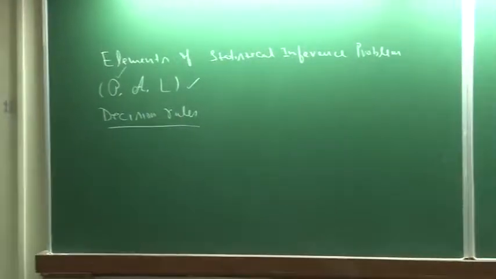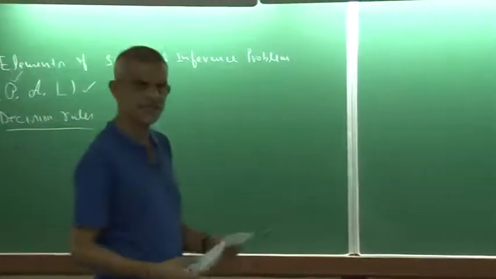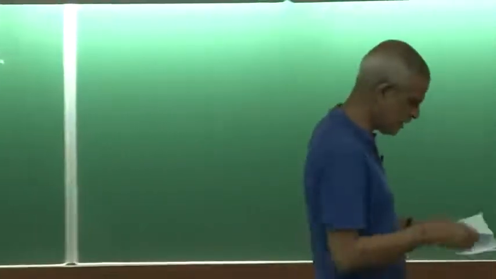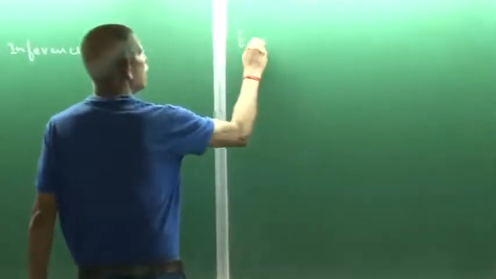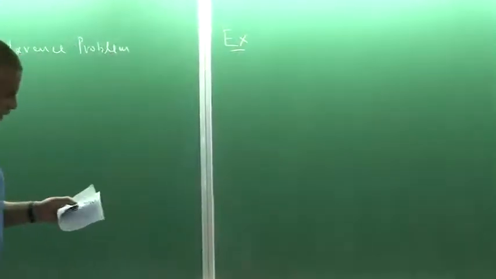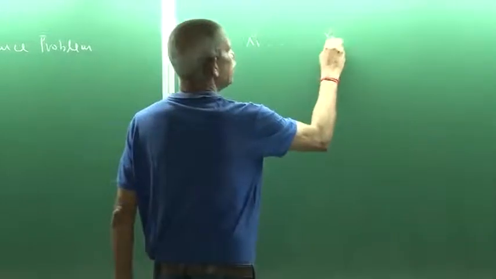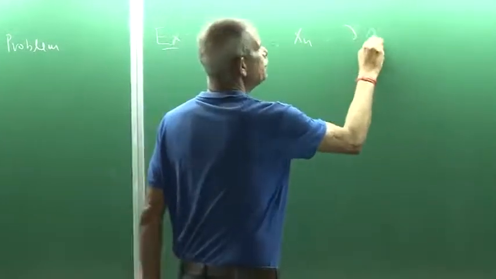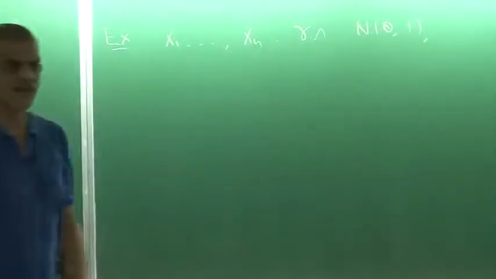What I'm going to do today is talk about some of the applications of the results which we did in the last couple of lectures. To see the first example, let us look at the following. What you have is x1, x2, ..., xn, a random sample from a normal distribution with mean theta and variance 1.